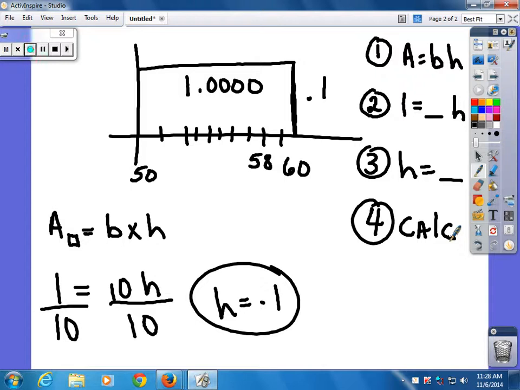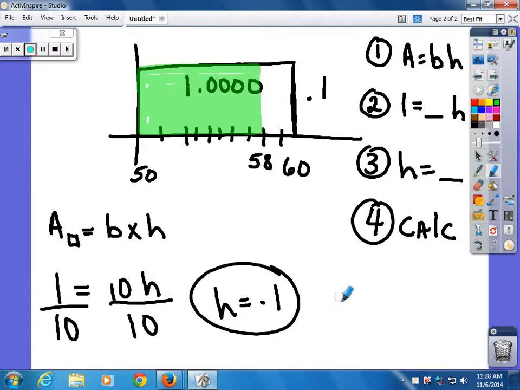They want to know what is the probability that the instructor will go up to 58 minutes. Well, what does up to mean? All the way up to 58 minutes. So how many increments is 58 minutes? 8. So it'd be 8 times 0.1. Well, what's 10% of 8? 0.8, right? Which is 80%.